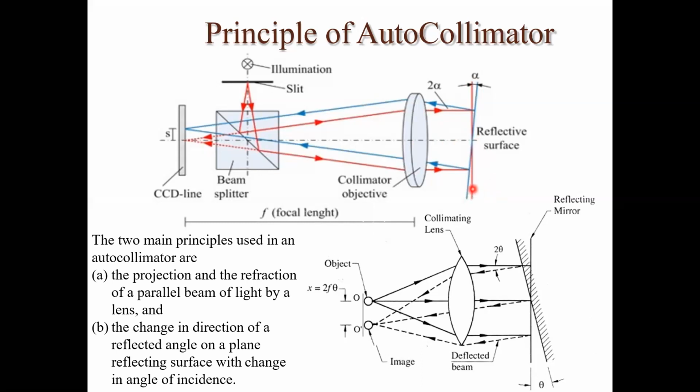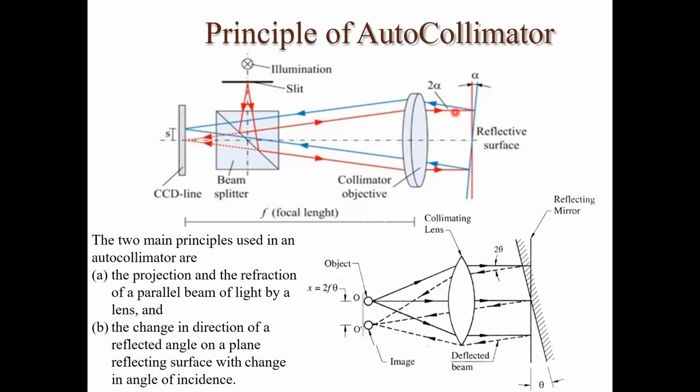Please try to concentrate on this red line. This indicates the reflective surface in the initial position. After tilting, you will observe the blue line. Initially, if the reflective surface is perpendicular to the axis of the lens, then the parallel beam of light incident on this reflective surface gets reflected back along the same path.